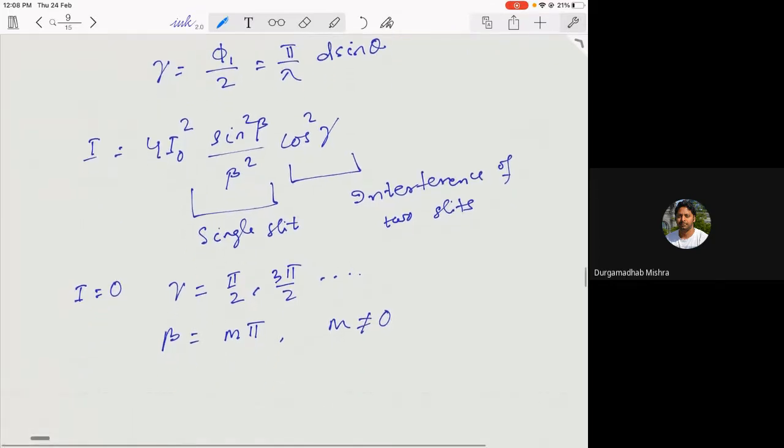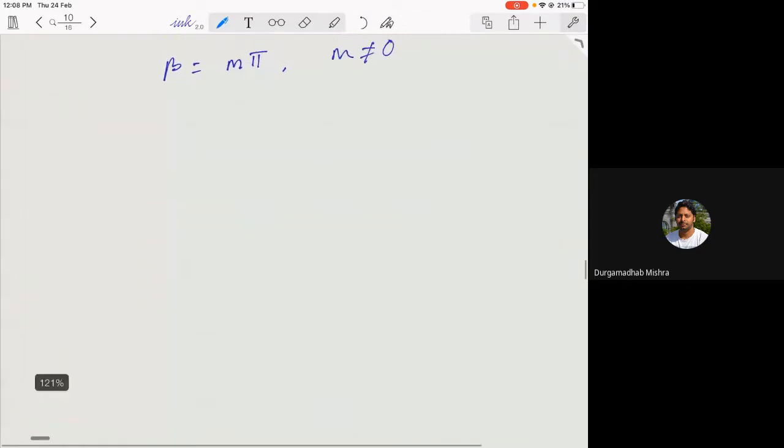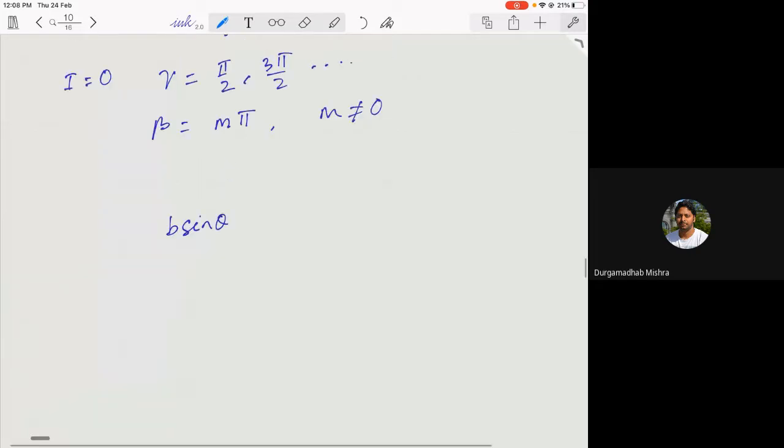You can also calculate this in terms of the angle. b sine theta would be equal to m pi, and these conditions are for the minima. Then d sine theta would be equal to m plus half lambda.